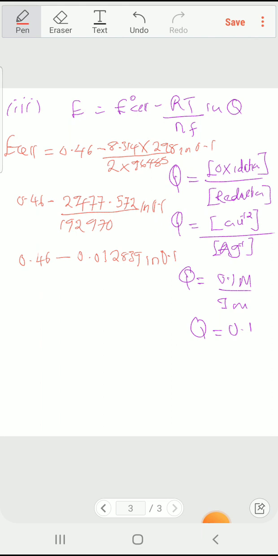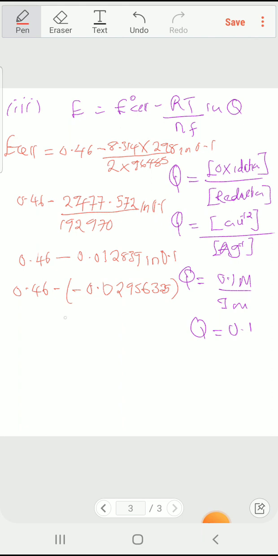Then when I reach that point, I can say 0.46 minus, so I can just say ln 0.1 times 0.012839. What answer am I going to have? Here it will be a negative, which is 0.02956325. You see?